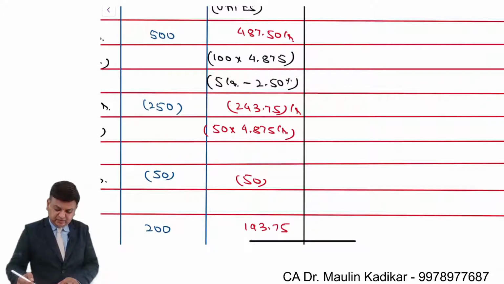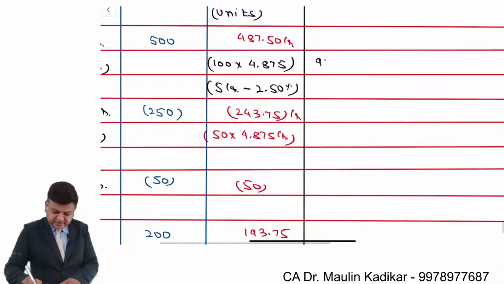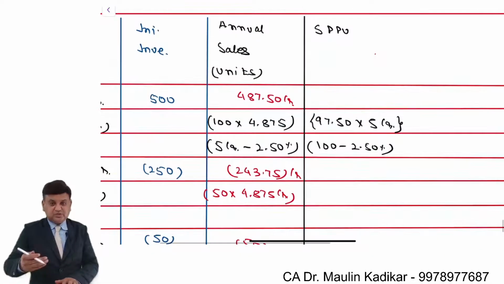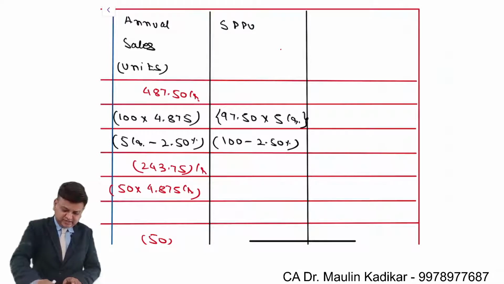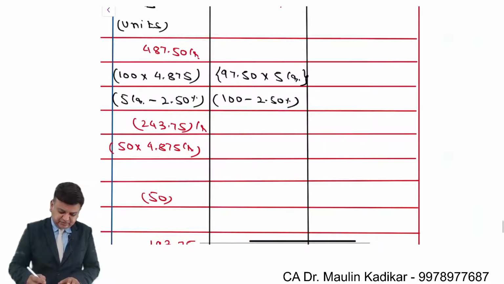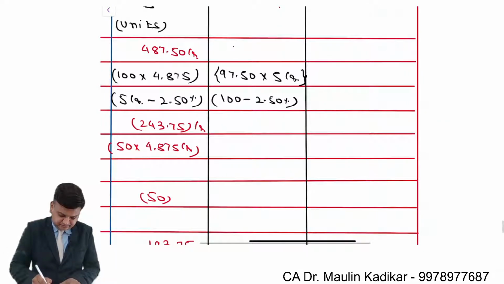So 97.5 is the selling price into 5 crore. 100 minus 2.5 percentage, and so on we are required to consider it. So over here 97.5 into 5, that is 487.5 crore. That is the revenue.